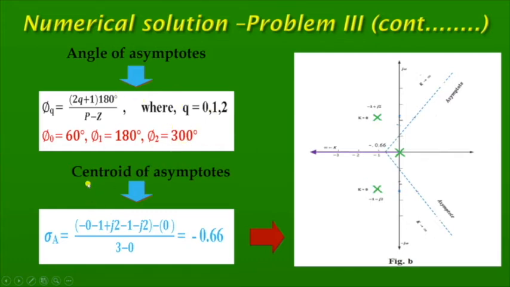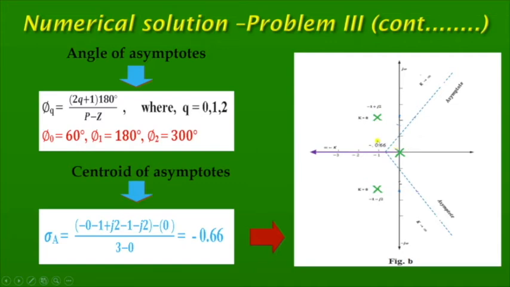Then find the centroid of asymptotes. Sigma A is the summation of all poles minus summation of zeros, divided by 3 minus 0. Then this answer is minus 0.66. Then from this centroid of asymptotes, minus 0.66, one angle is 60 degree, then draw the asymptote.